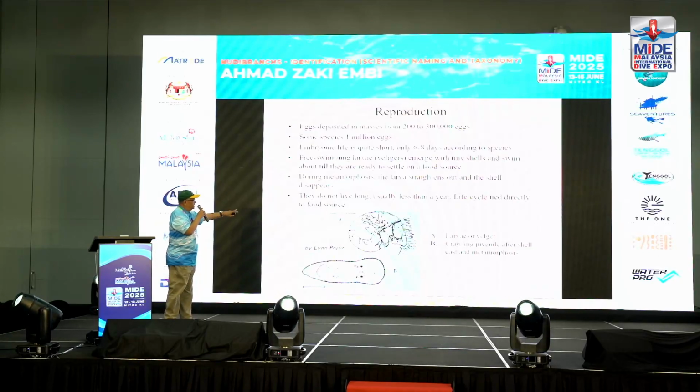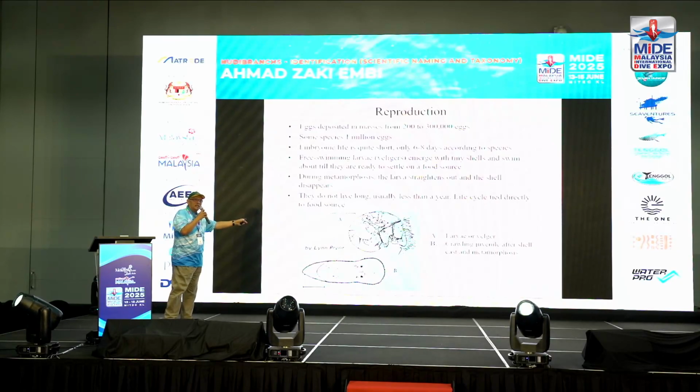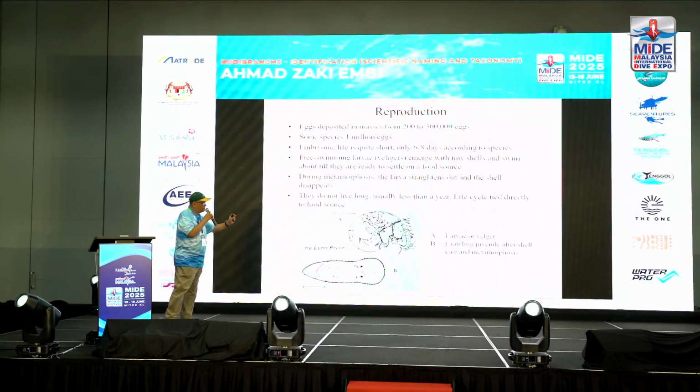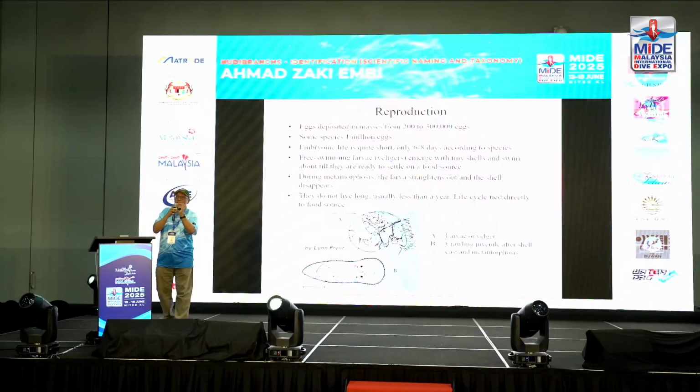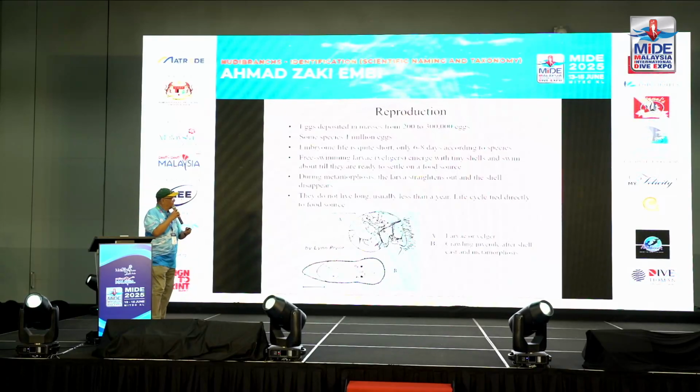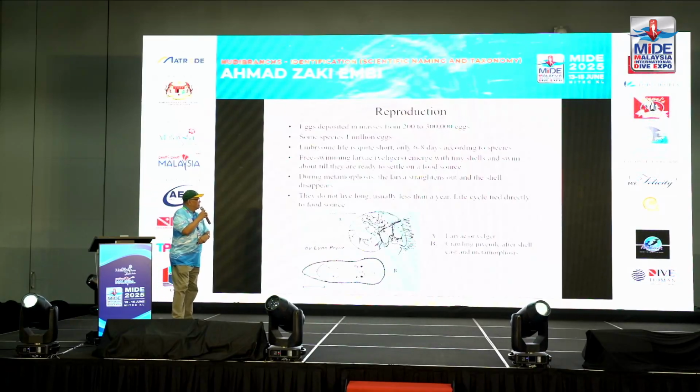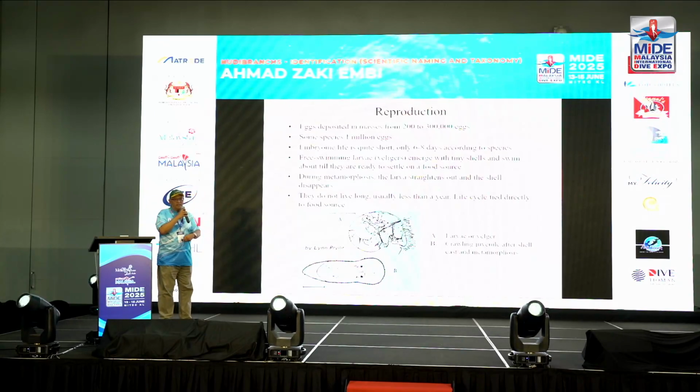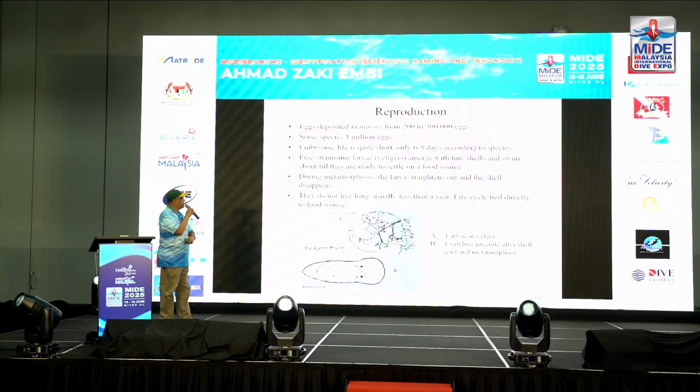The shell disappears. There's usually a small shell, which is why it's a snail. Then it becomes a juvenile nudibranch. And again, its life cycle is tied directly to its food source.